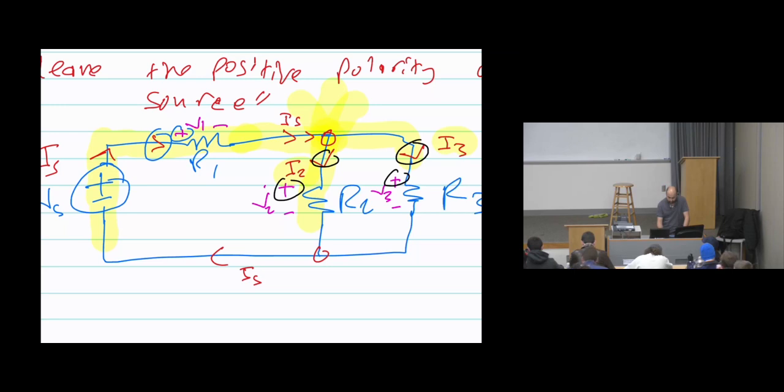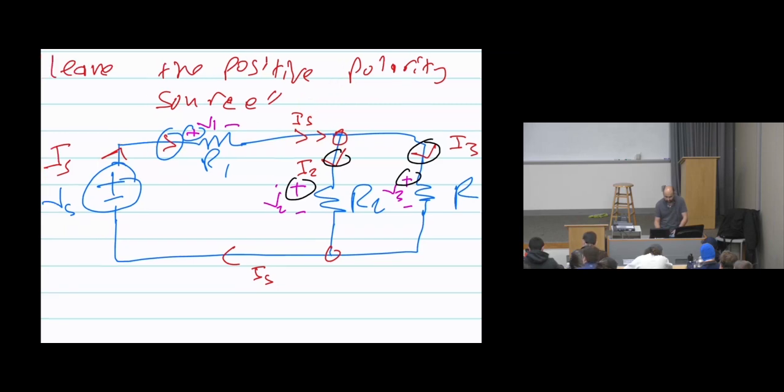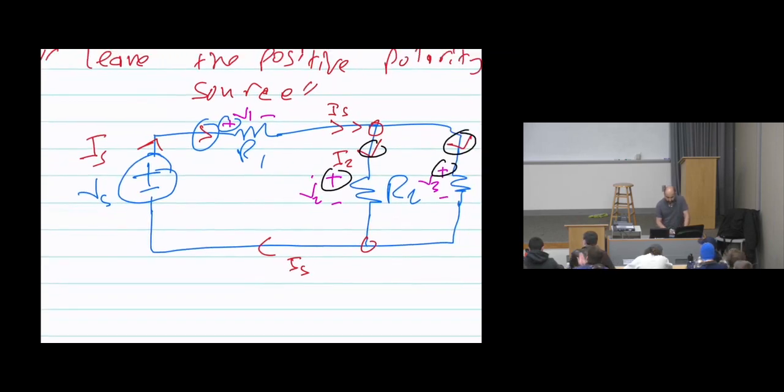In order to assume the voltages, after making the current assumption, now I'm ready to assign the voltages. Vs is already given, so we don't need to assume it. For resistor R1, since the current goes from left to right, we need the current to enter the positive polarity of the voltage.